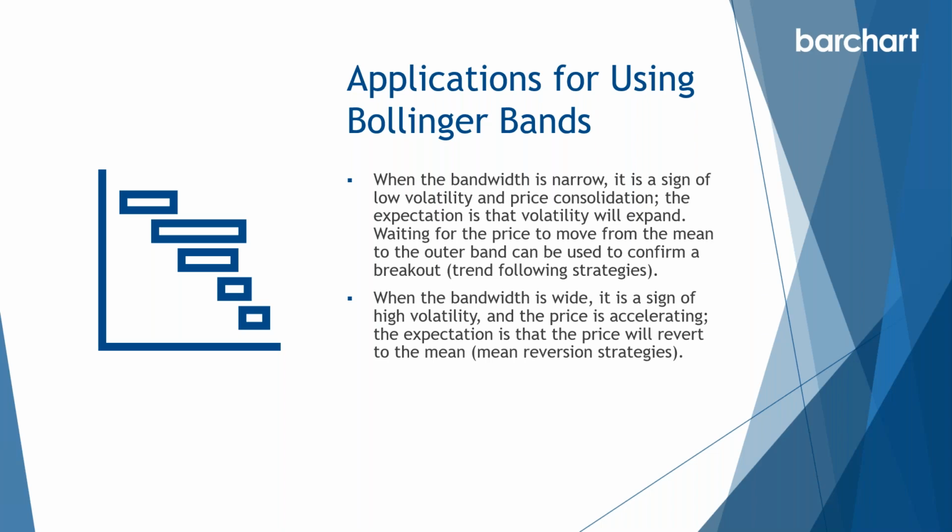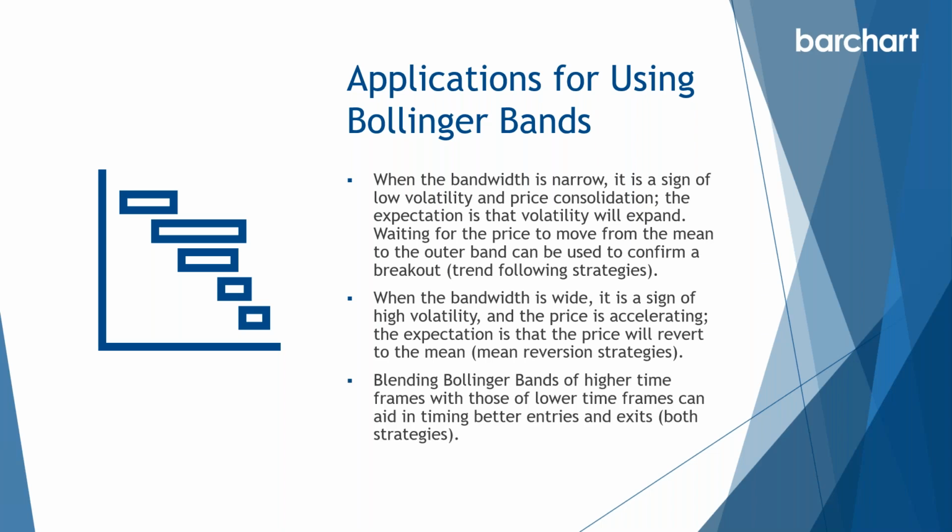So we're going to blend these two concepts together, trend following and mean reversion. And what we're going to discover is that Bollinger Bands of higher time frames combined with those of lower time frames can aid us in better timing entries and also exits. Again, blending both of these two strategies together.